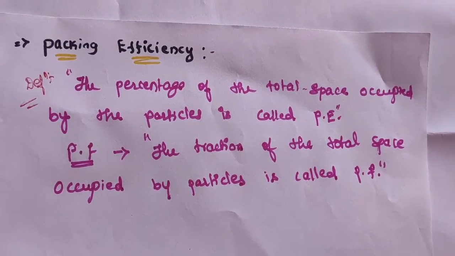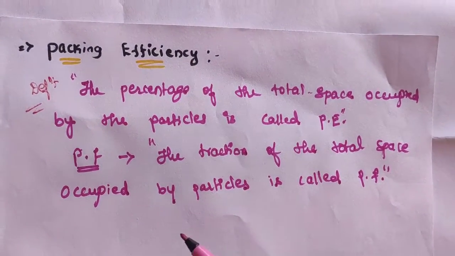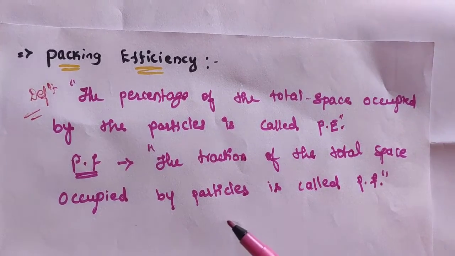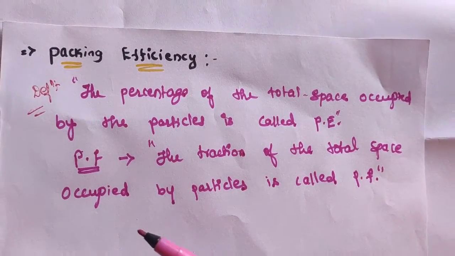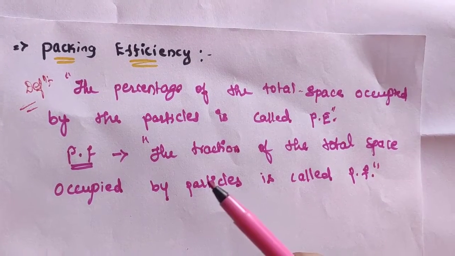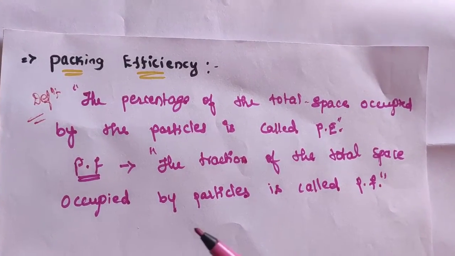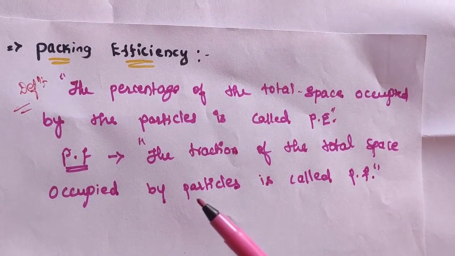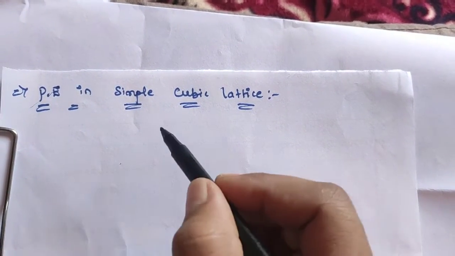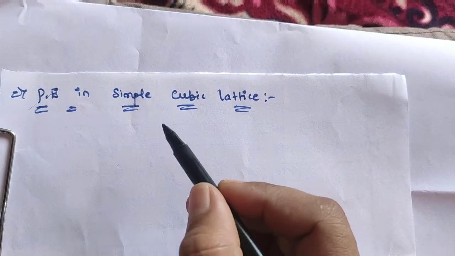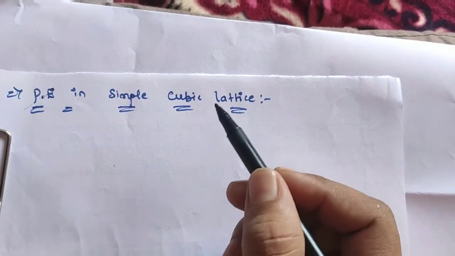Now let us learn about packing efficiency in a simple cubic lattice. How much percentage is occupied in the case of a simple cubic lattice? Here we know that in a simple cubic lattice the particles are located only at the corners.